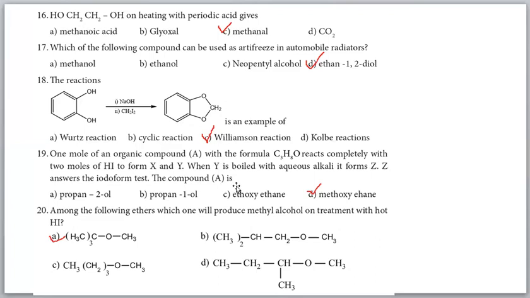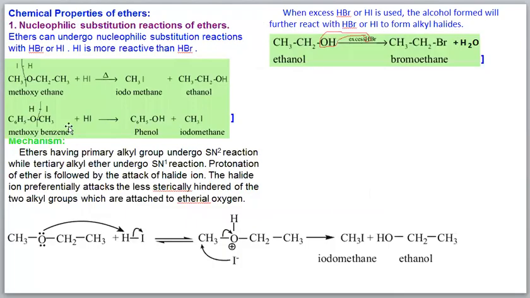Compound A: look at this part, from the beginning itself we are able to predict. So which one is it? Methoxyethane, ethyl methyl ether. Then: among the following ethers, which one will produce methyl alcohol on treatment with hot HI? Already we studied this reaction.